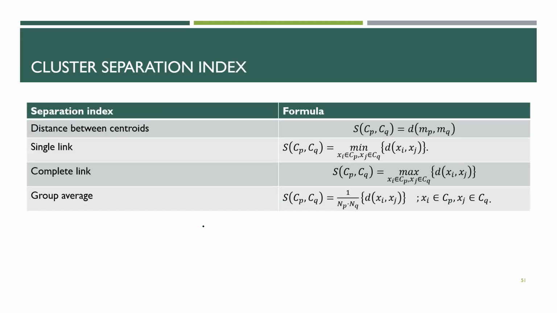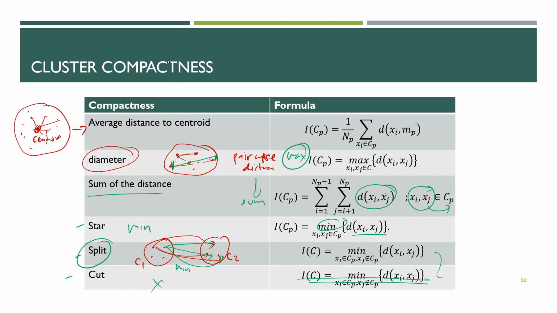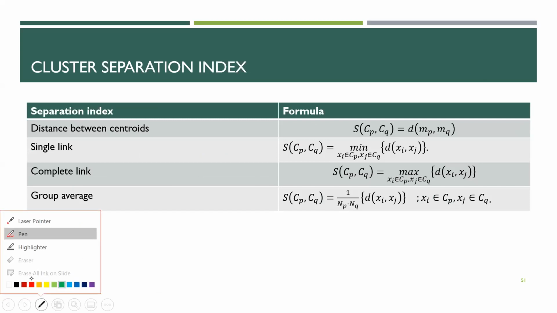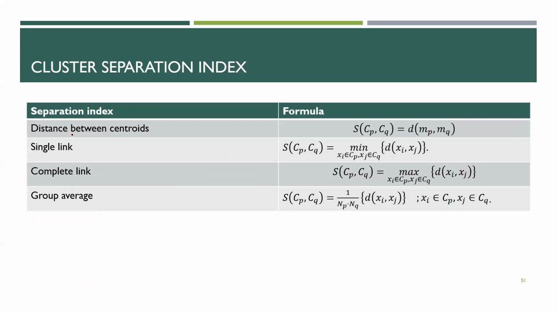And then this is the separation index. Compactness focuses on one cluster; this one focuses on different clusters. For example, the easiest one is the distance between centroids: cluster 1 has centroid C1, cluster 2 has C2, and we calculate the distance. Next is single link.